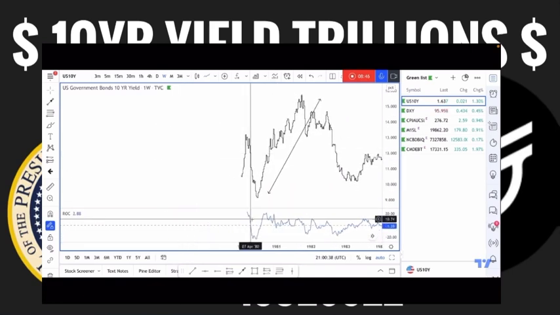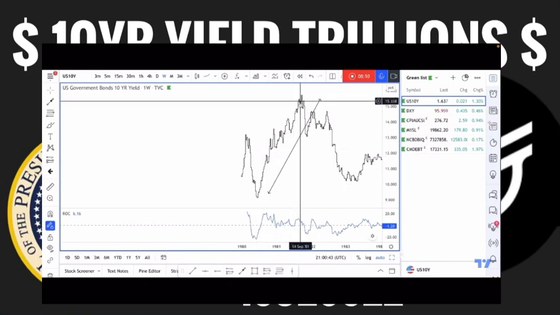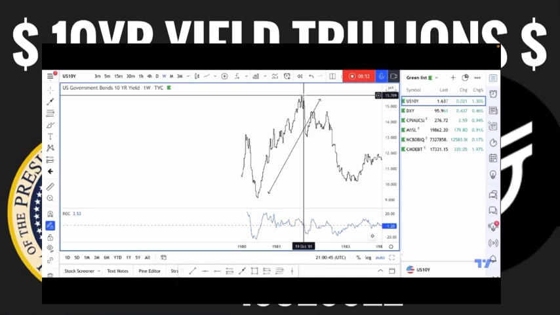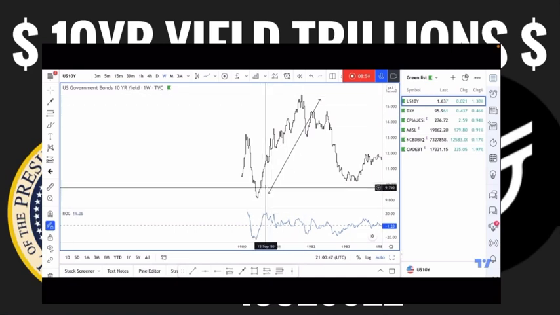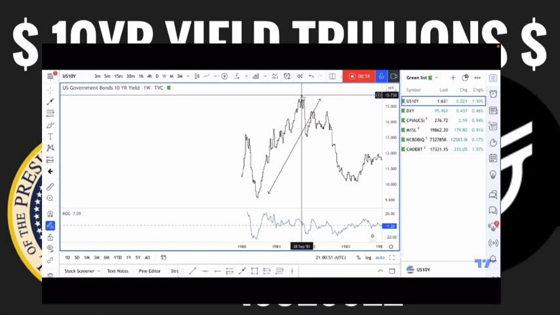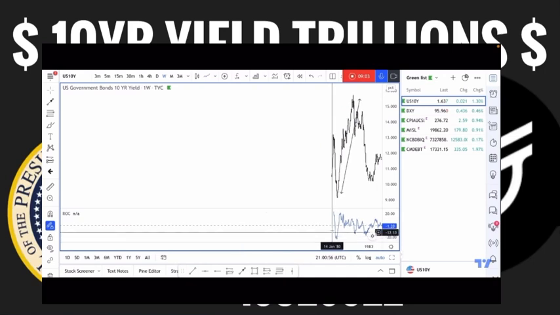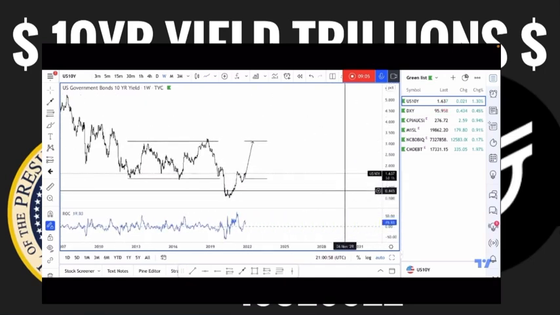What we can see though is that in 1980 itself, the bond yield rose significantly, from 9% all the way up to 15.7% before it started to drift off. So inflation rising typically gives you a good understanding that bond yields could also rise significantly.